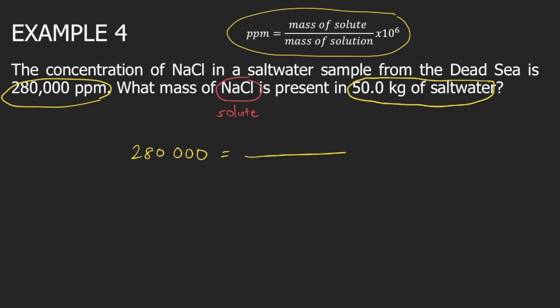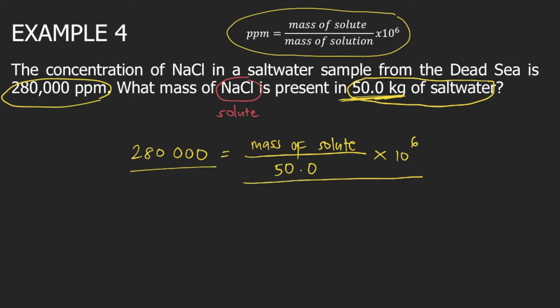This is equal to the mass of solute, which is not given in the problem. So just write mass of solute divided by the mass of solution. We are given 50 kilograms. So put 50, and don't forget times 10 raised to 6. To solve for the mass of solute, divide both sides of the equation by 10 to the power of 6.